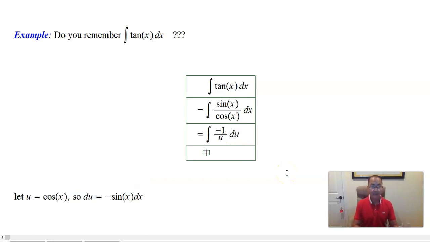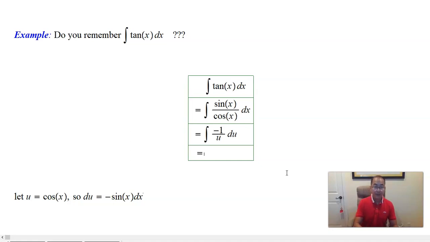And you know which formula to use, right? So this is negative ln of the absolute value. Let me pause a minute. I always have to dig up the absolute value bars from Maple here. So that is just negative ln of the absolute value of u.